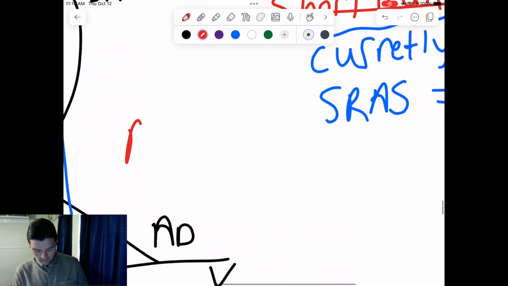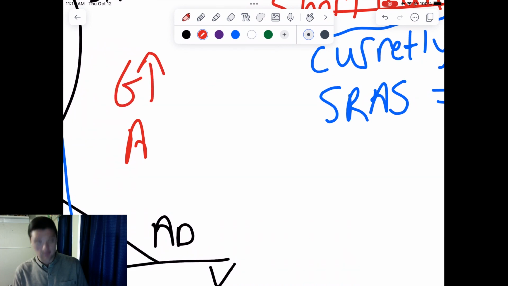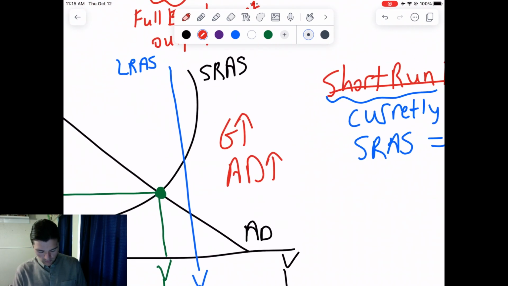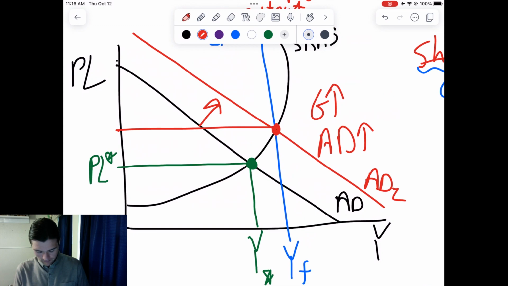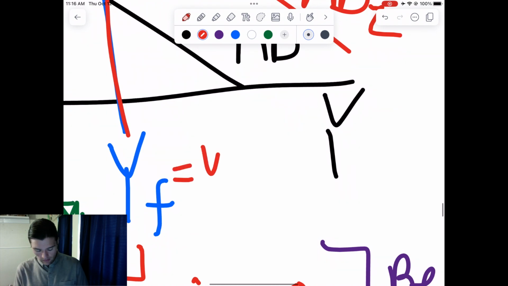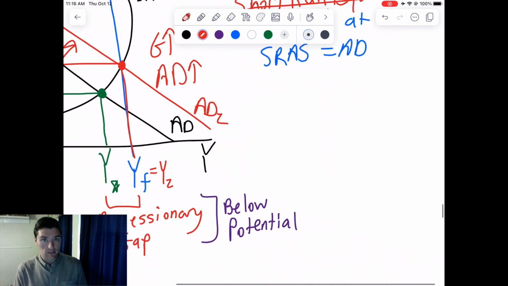So let's say government spending increases because they're spending more money, and aggregate demand is C, I, G, and X. So G goes up, aggregate demand will also go up. So therefore, we're going to shift it to the right. And now, because the government spending increased, you are now at aggregate demand 2. So now this right here is your new equilibrium. So now you're at PL2, and now you are at your potential GDP.